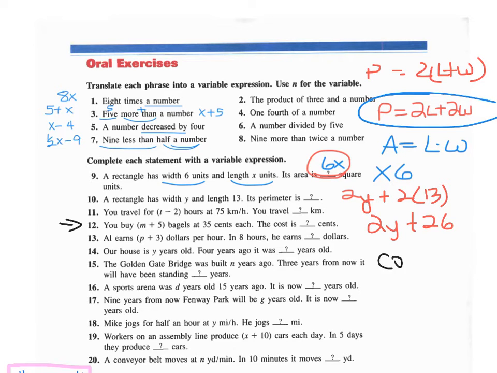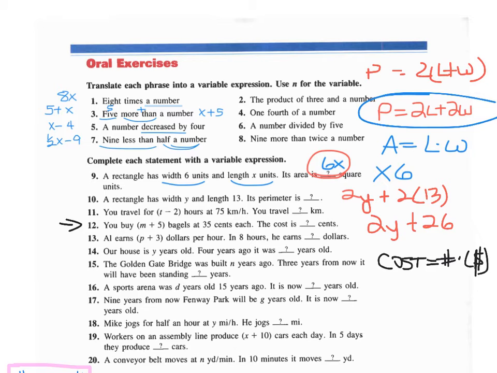Remember, cost is equal to the number of things you buy times the cost, or the price. So times price. You're going to multiply them. So number of items times the money. How would be the answer for number 12?